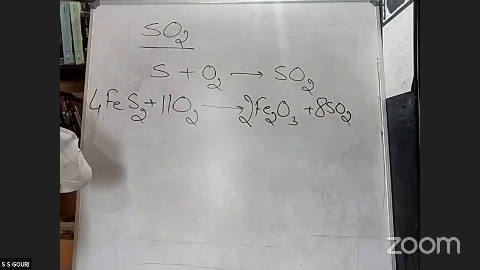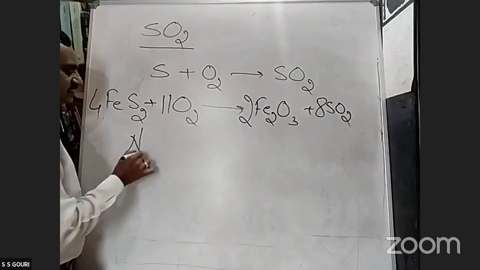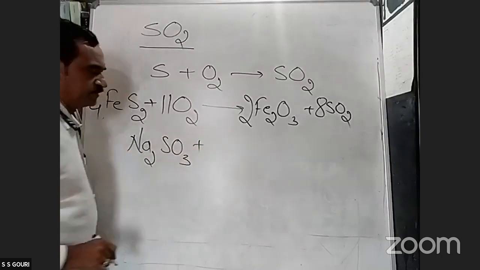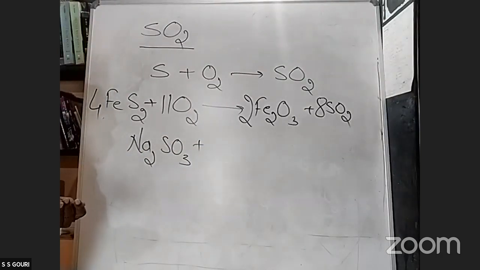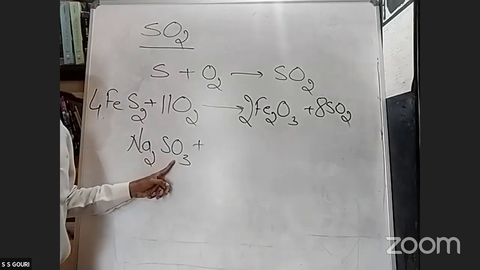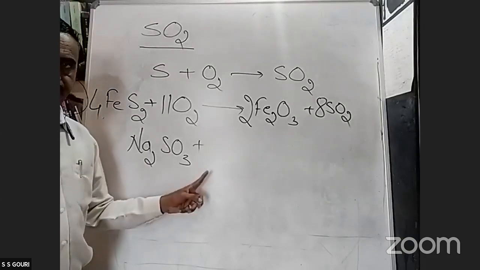In the laboratory, it can be prepared from sulfites like Na2SO3. Na2SO3 is sodium sulfite. Na2SO4, however, is sodium sulfate.